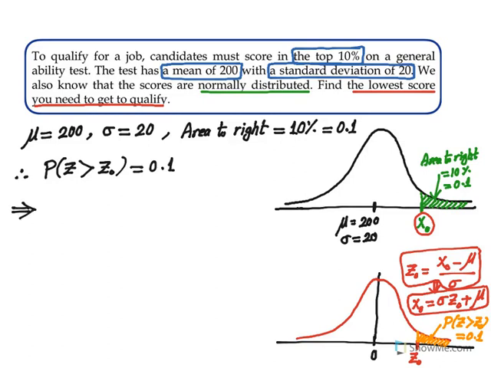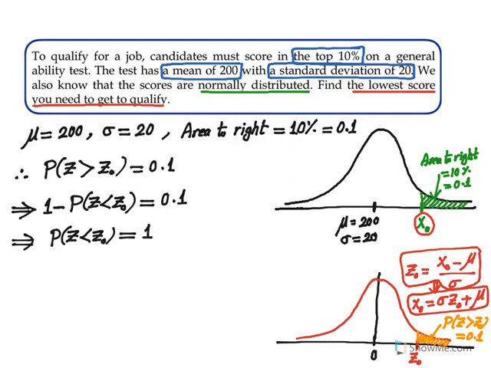But remember, what we always do is change the probability of z bigger than z0 and make it 1 minus the probability of z less than z0, so that we can use the z table, equals 0.1. Now if you want the probability that z is less than z0, take things to the other side, and you will get 1 minus 0.1, which is 0.9.